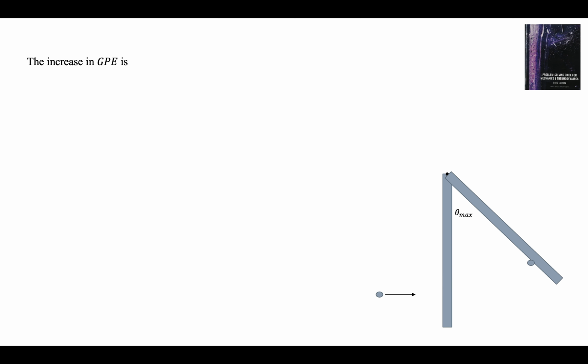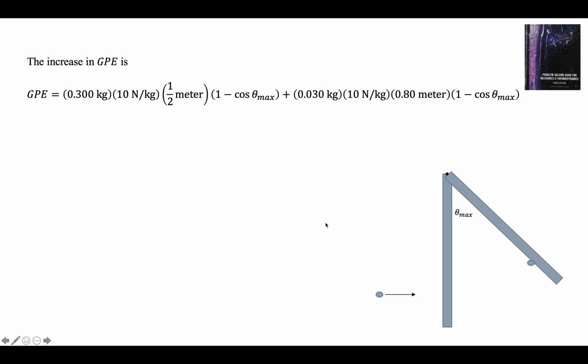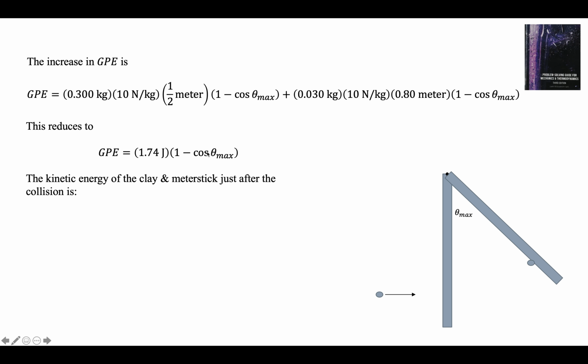The increase in gravitational potential energy is mgh for the meter stick, mgh for the clay. That reduces to this. You can factor out the 1 minus cosine theta max, and you can set this equal to the energy just after the collision, 1/2 I omega squared.